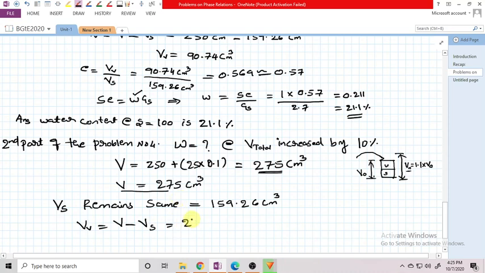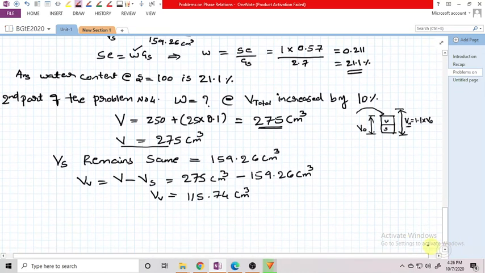Total volume is 275 cm cube minus volume of solids 159.26 cm cube, so your volume of voids becomes 115.74 cm cube.